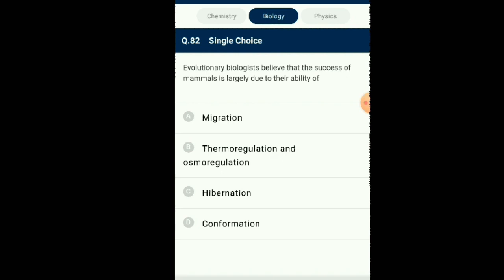Birds and mammals are warm-blooded animals maintaining fixed body temperature despite changes in the external environment. Osmoregulation affects osmotic pressure while thermoregulation affects the internal temperature of an organism. So the answer for this question is option B, thermoregulation and osmoregulation.